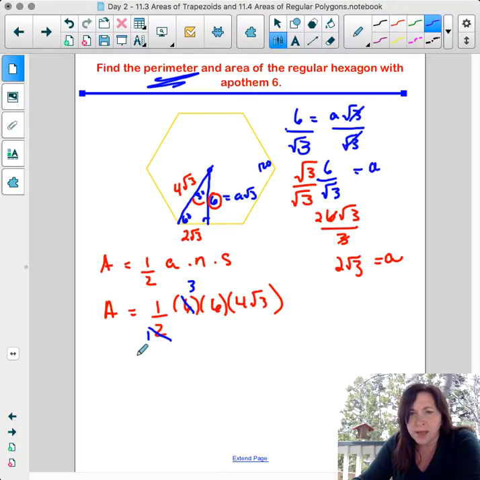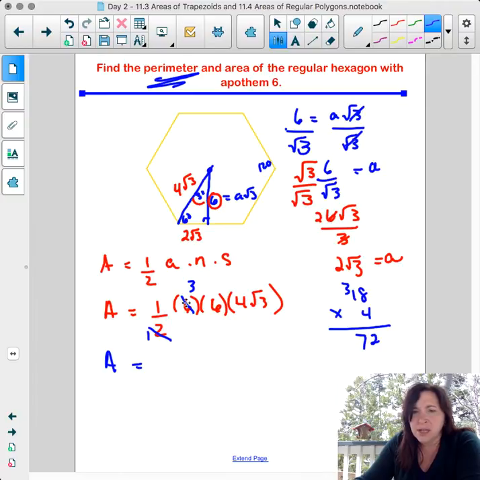And so my area is equal to 3 times 6, which is 18, and 18 times 4 is 72. So that's going to be 72 root 3. Remember, numbers get multiplied with numbers. So 3 times 6 times 4 is 72, times root 3 is 72 root 3 units squared.